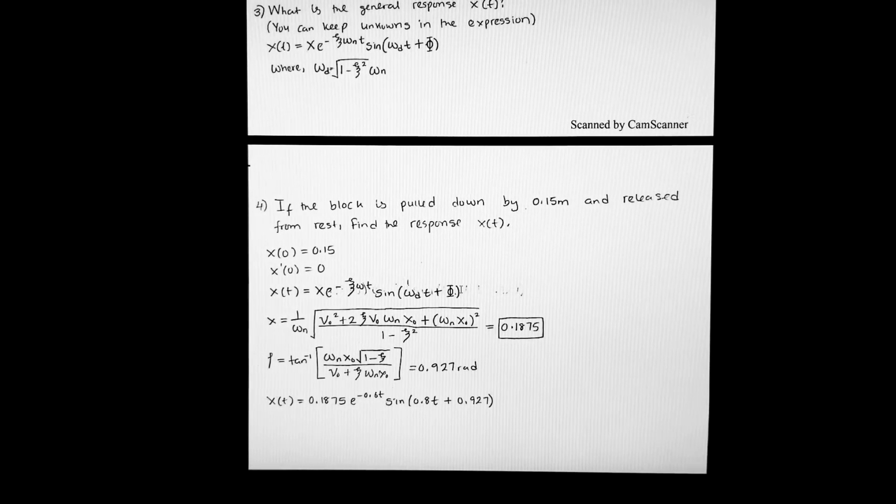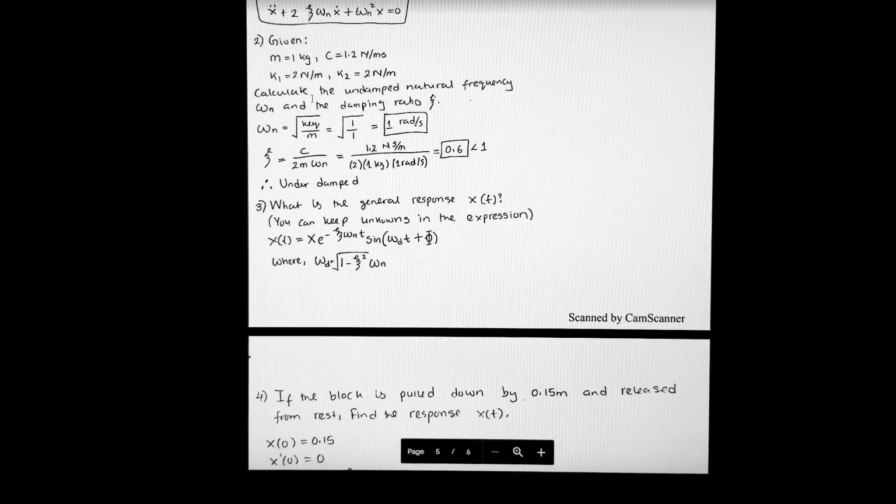So using our general response equation, we solve for x out of the general equation, and then we get this equation right here, which gives us 0.1875 with known and given values using the above equations on number 2.